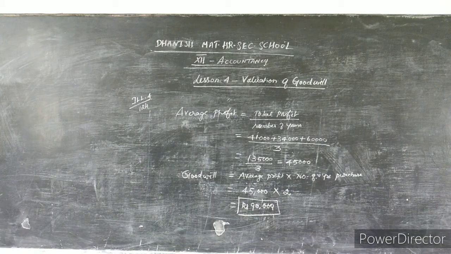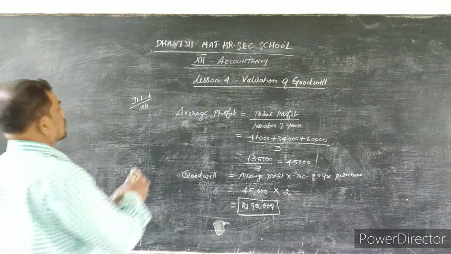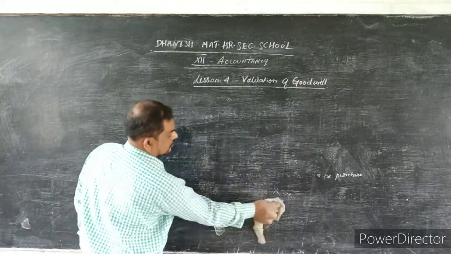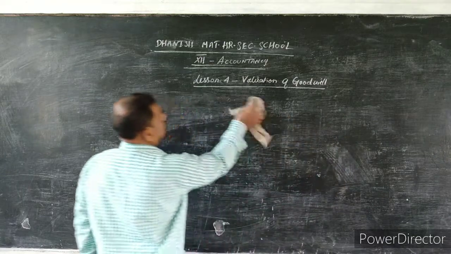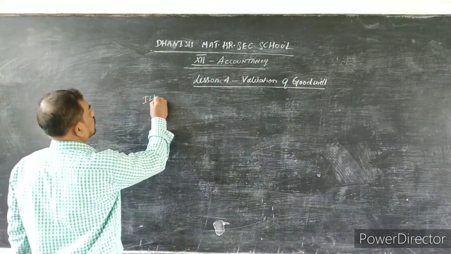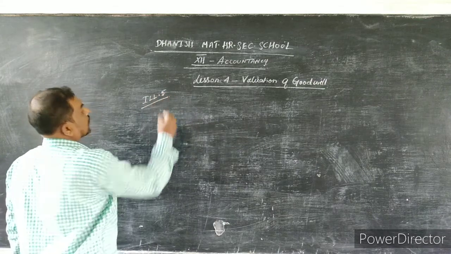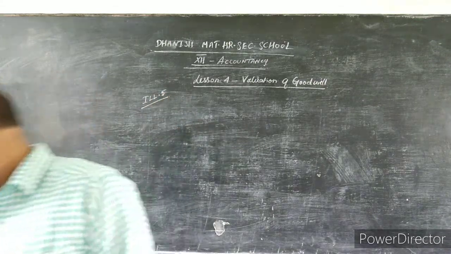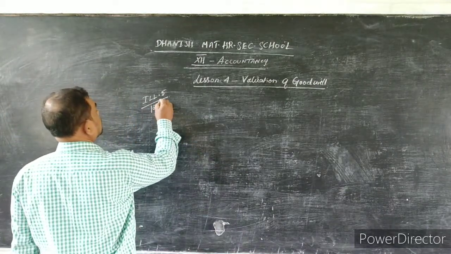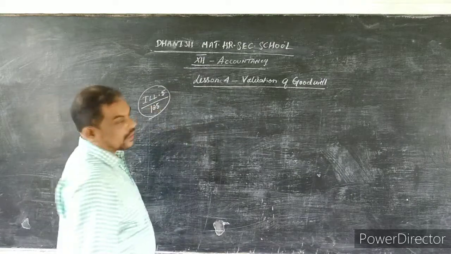Next sum is illustration 5. Page number 125. Okay.